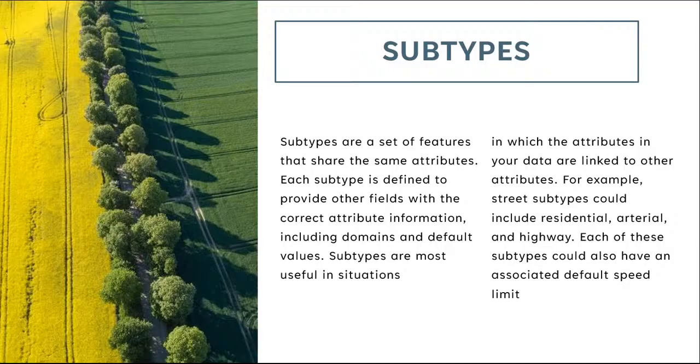So basically, subtypes are more like a categorization. You try to categorize it such that, okay, for roads we have major road, minor road, highway, arterial, residential, and all that. Now on the streets subtypes we have residential, arterial, and highways.